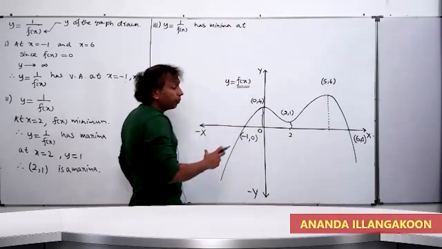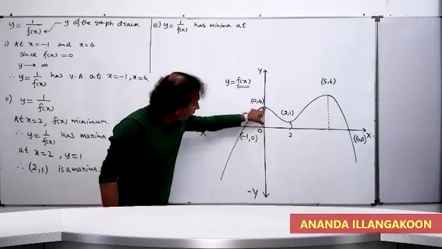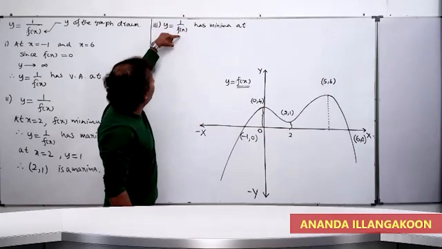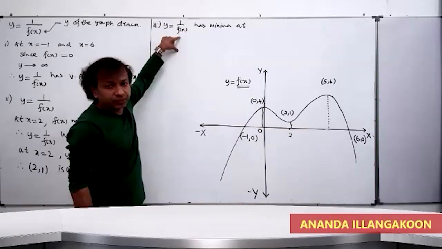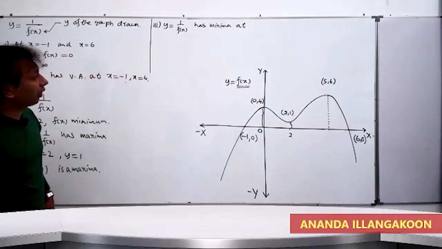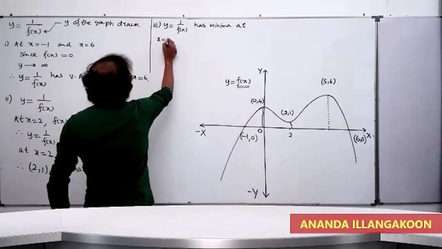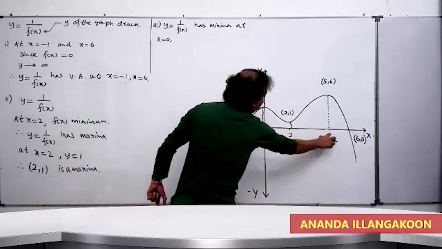Why do we say minima? Because when f(x) is maximal, then 1 upon f(x) is minimum. That's the reason. Okay, y equals 1 upon f(x) has minima at where, people? x equals 0 and x equals 5.